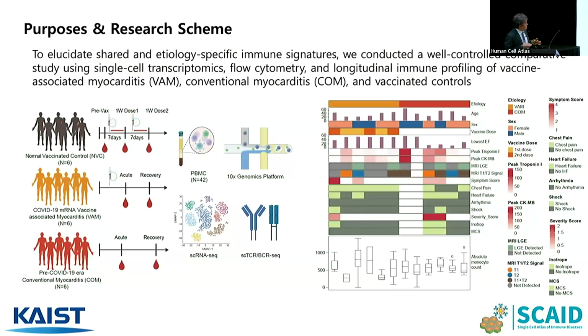They collected samples in acute and recovery phases. And for the control, they used normal vaccinated controls without any symptoms, before vaccination and 1 week after vaccination, that is, 1 week after the first dose and 1 week after the second dose.